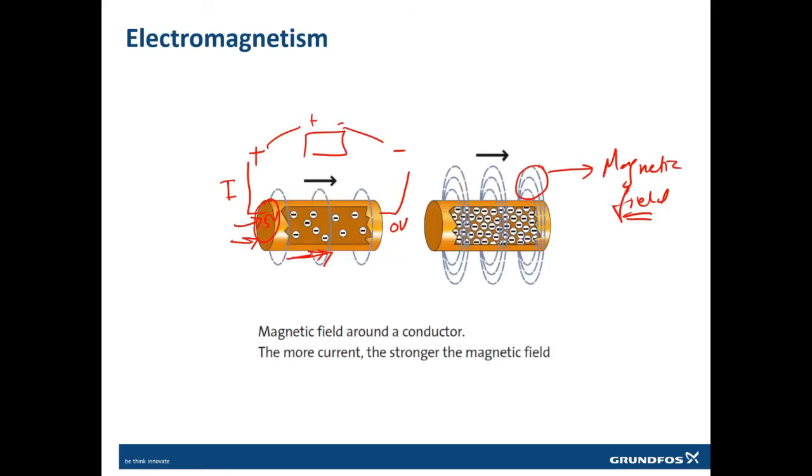That means that if I have another cable here and another current is passing through it and another magnetic flux is generated, this flux and this flux will interact with each other, and this cable will either push or pull. This unilateral force will be generated.